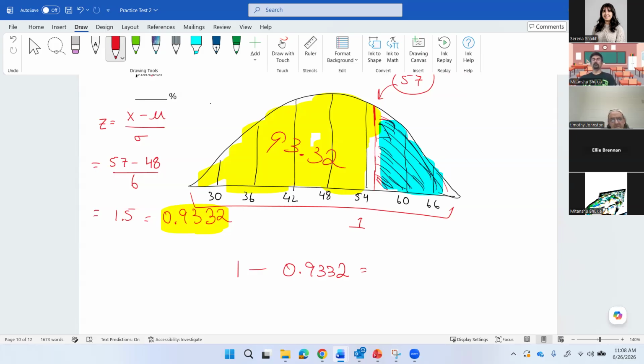They're asking us what this area is. So we have to do 1 minus that. What is 1 minus that? If you're doing it as a percent, we're going to need to do 100 minus that.